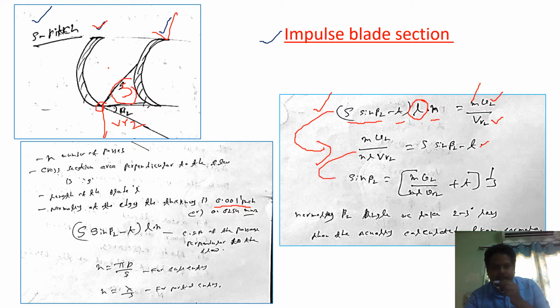Again this we can write as S sin beta 2 equals m v2 divided by n L VR2 plus T, all over S. Here S is the pitch. Now beta 2 is the blade angle at the exit. Generally the blade angle would be 2 to 3 degrees.